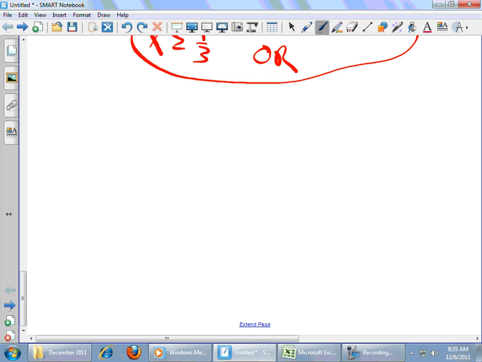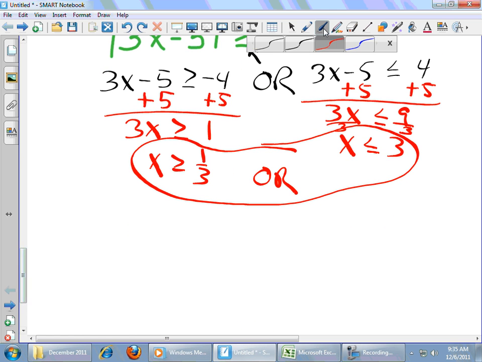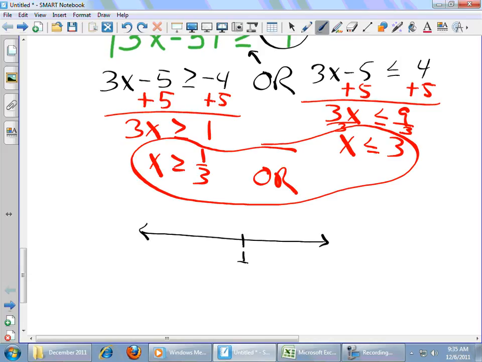To graph this on a number line, this is a very special case. Doesn't happen all that often. Get my number line out here. I will show 1/3, and it'll be a closed point because it's equal to. And I will show 3, and it will also be a closed point because it's equal to.